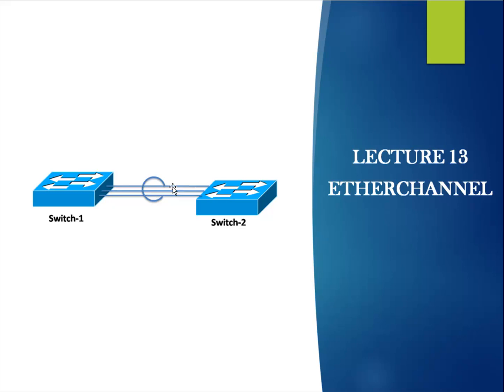Now you can do this Ether channel in 2 ways. Either you can do it manually or by using some dynamic method. For the dynamic method, there will be some protocols. Particularly, there are 2 different protocols we are going to discuss here to manage this Ether channel between the switches.